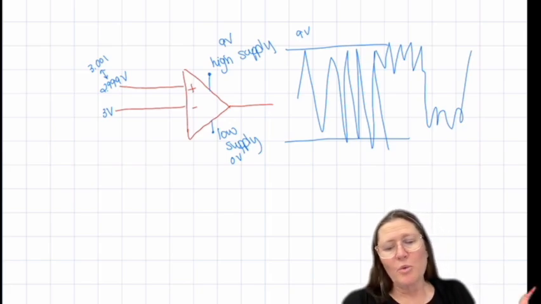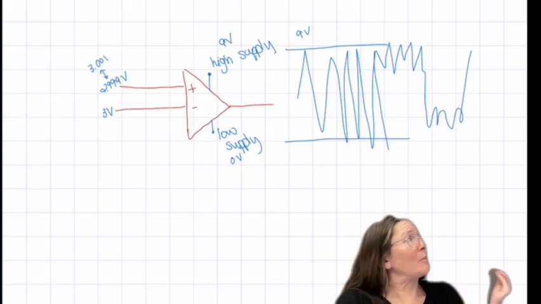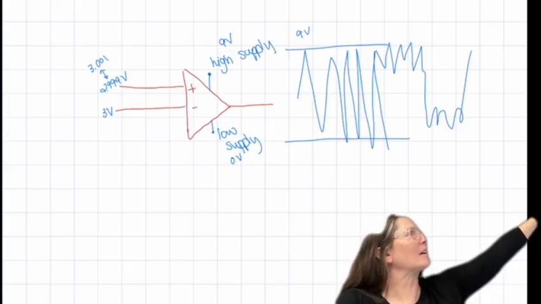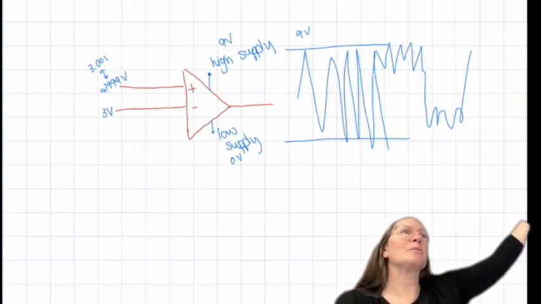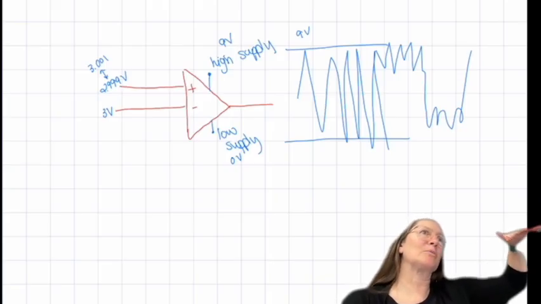So hysteresis basically means that the circuit has a little memory to it, so that it takes a second before it says, let me recheck it, so that I can get a more stable number.